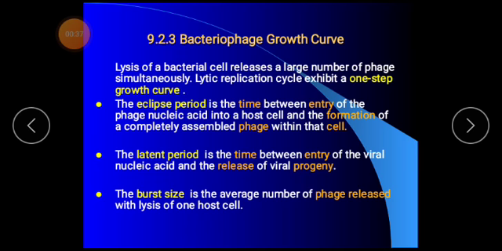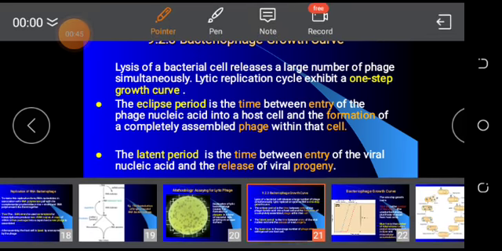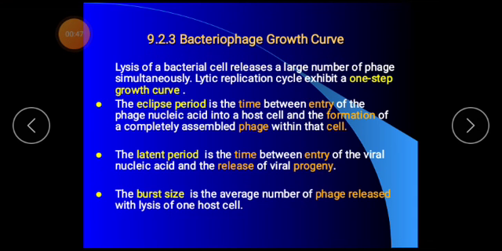So let us advance to where we stopped at the last session: the bacteriophage growth curve. We are first going to learn the periods or stages required to make the bacteriophage growth curve.